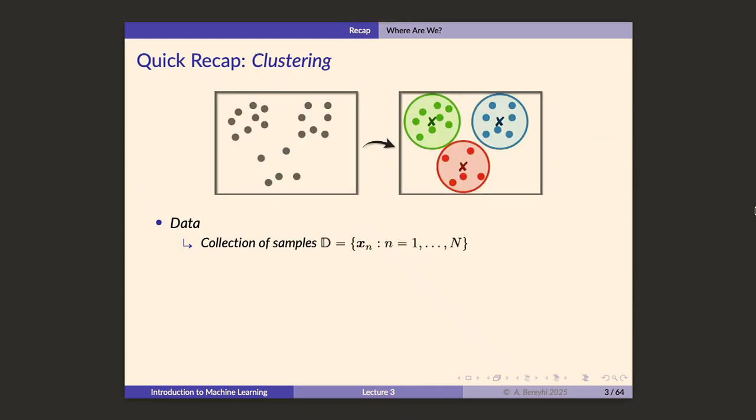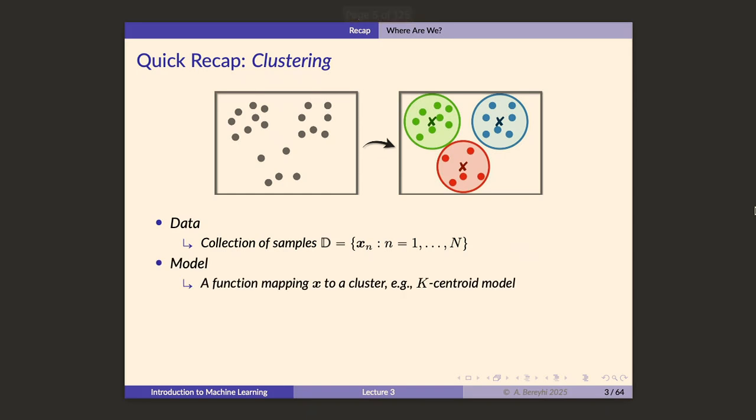So we talked about clustering. It was the first problem we had in the first lecture. The idea was that we had a bunch of data, and we thought that this data could be clustered into a bunch of clusters. So you have a bunch of groups, and each data point that you have is going to lie in one of them. And then the question was how we can specify those clusters. So we went through that.